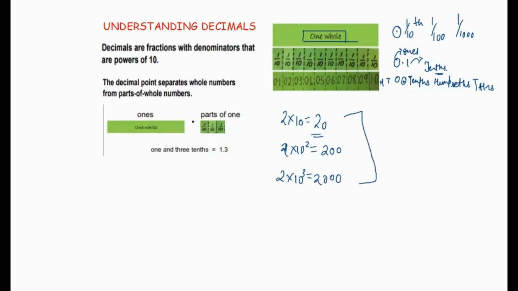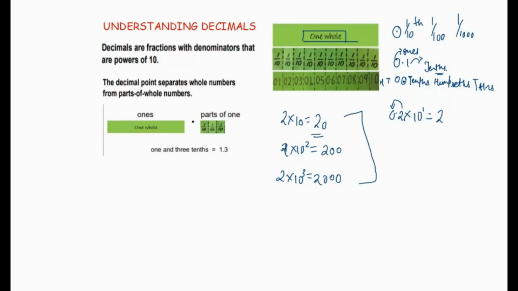Now, if I take 0.2 into 10 to the power 1, the digit 2 will move to the left side, and it will become 2.